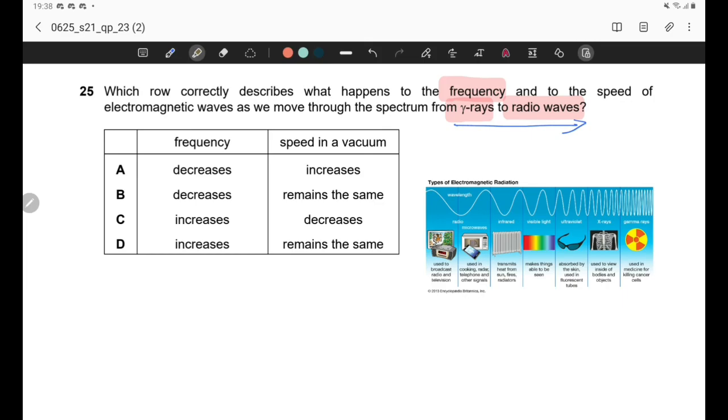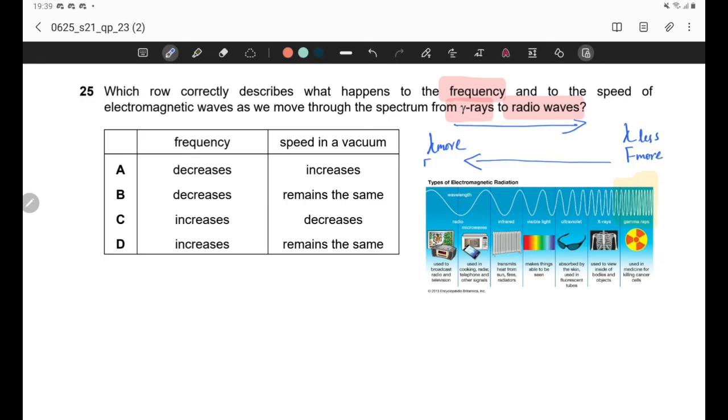As you can see in this spectrum, for gamma rays the wavelength is very small, or there are more waves, so the frequency is more where the wavelength is less. But when we go from gamma rays to radio waves, we can see the wavelength is more, as the distance from peak to peak is very high.